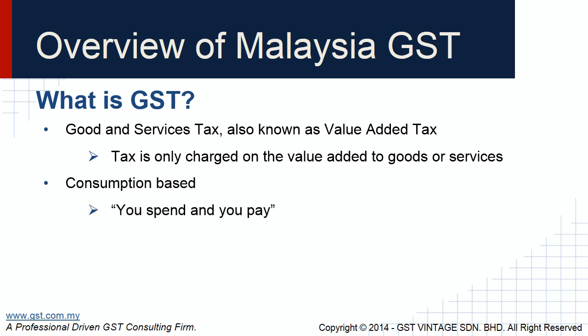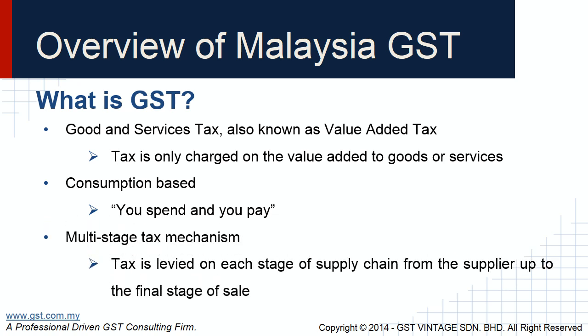The general concept of GST is that you spend and you pay, which means at the instant you consume, you pay GST. Also, it is a multi-stage tax mechanism where GST levies on almost every industry. This point may sound contradicting to the first point, but no worries, I will explain further why it isn't.